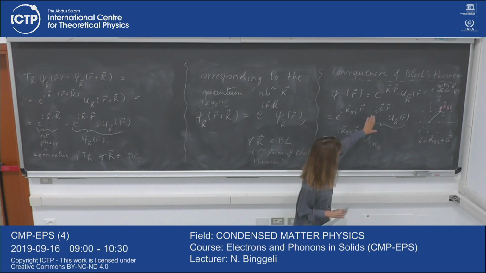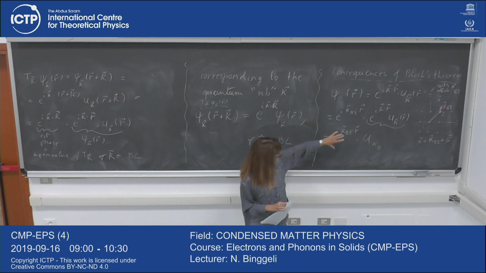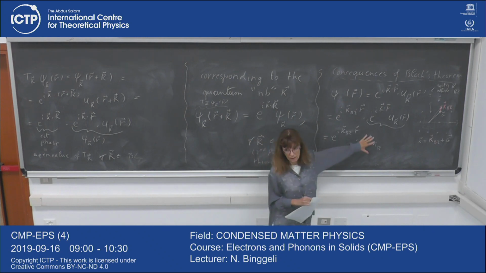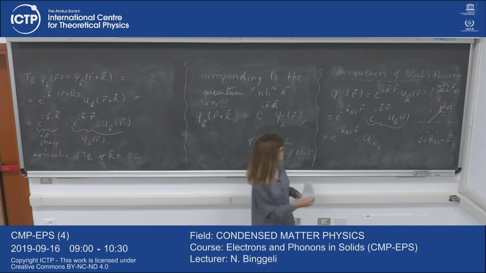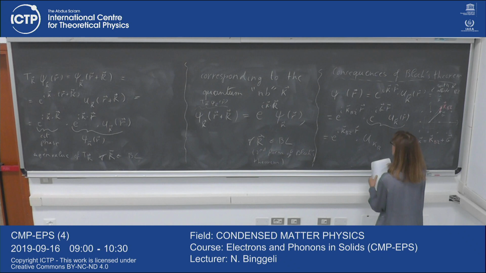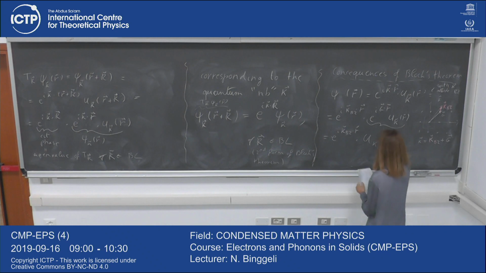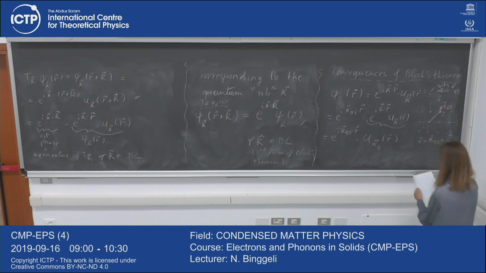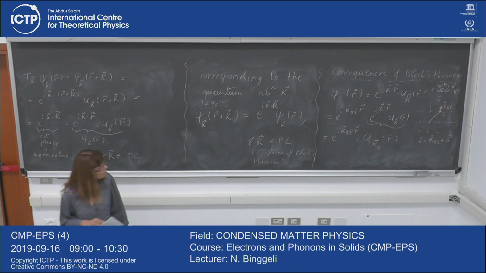So this is periodic, and therefore I can always write my Bloch state as exp(ik·r) with k inside the Brillouin zone times a periodic function. So I can always write the crystal state as a Bloch state with k inside the Brillouin zone. Is it clear?